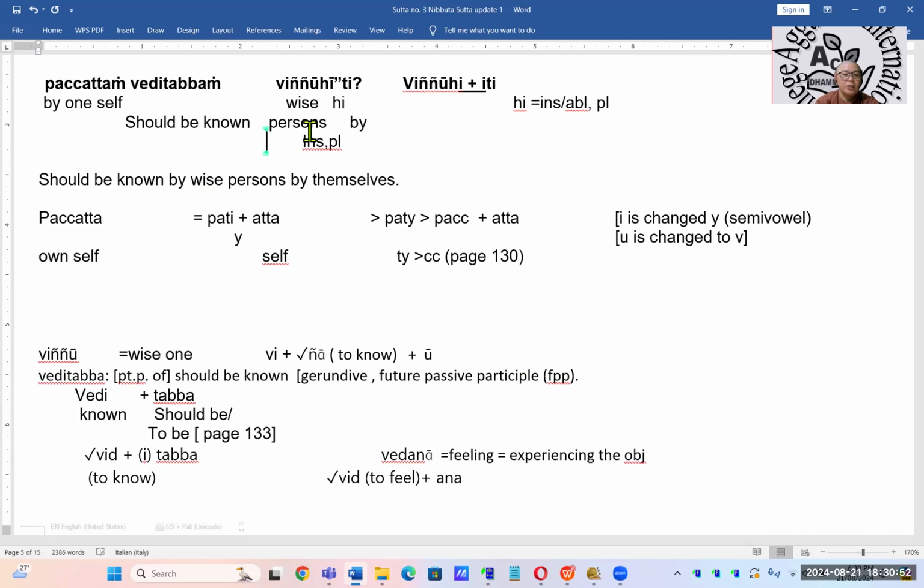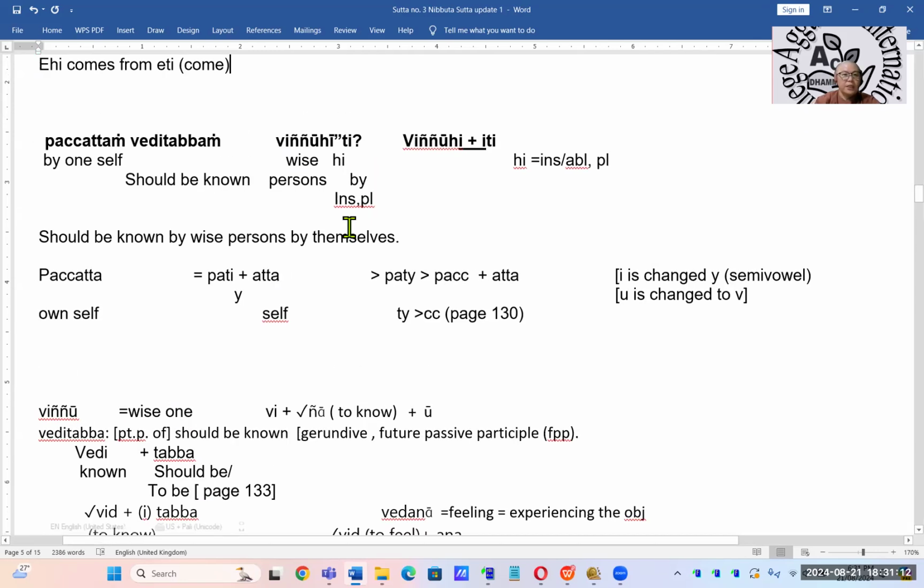That's why we translate it as should be known by the wise person by himself. Any question about this part? I go one by one. Any question? If not, I continue.